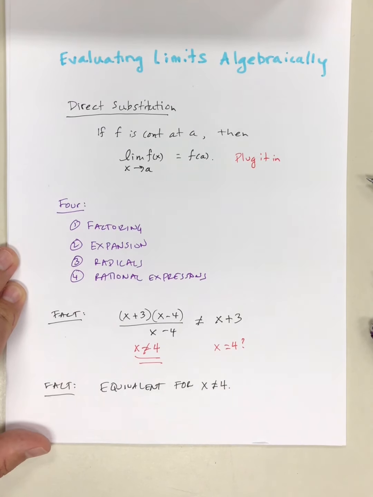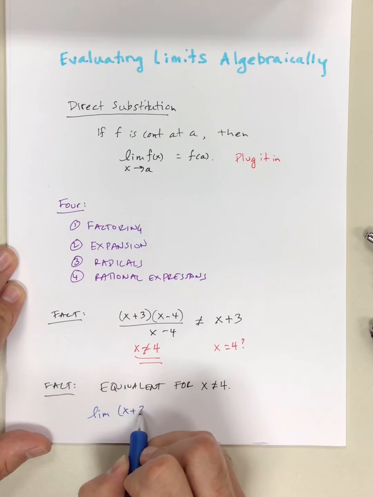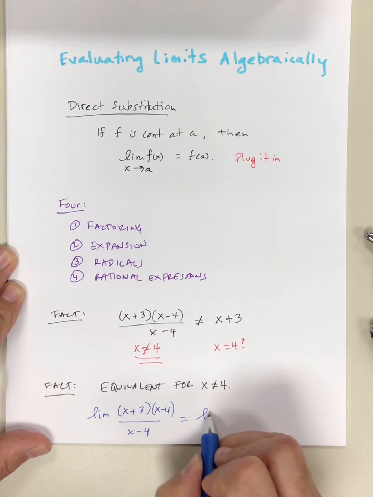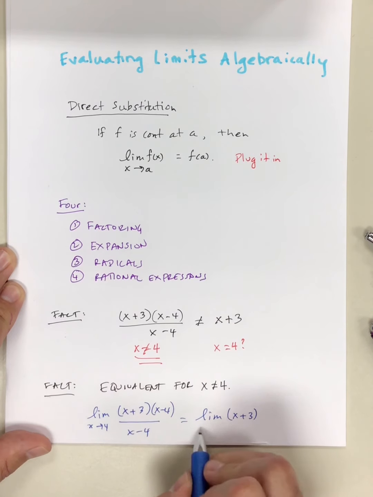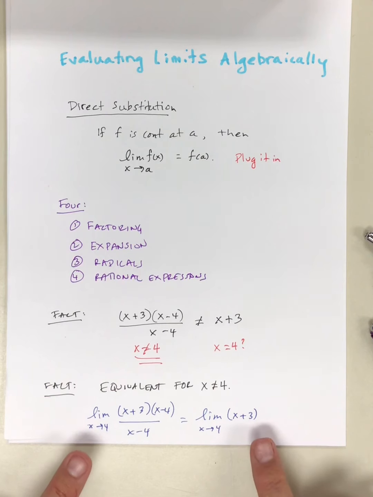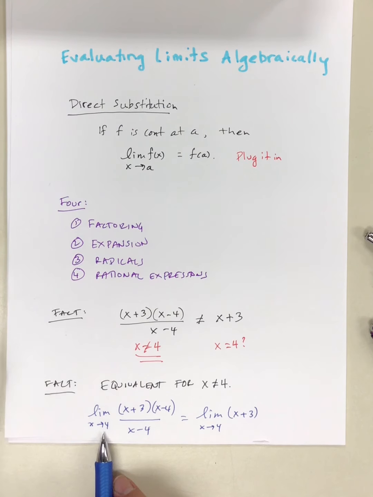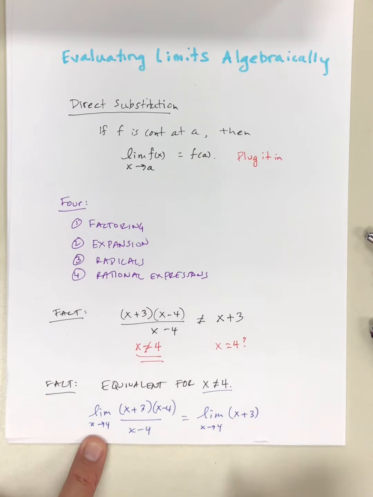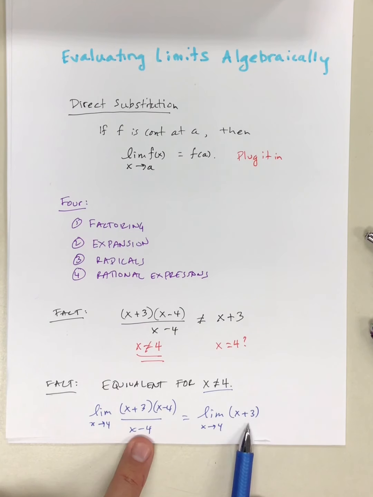And that means when we come to a limit context, the limit of the expression on the left equals the limit of the expression on the right, in both cases as x approaches 4. Because remember, our definition for limit says we're looking at values getting closer and closer to 4, but never actually reaching 4. And so just the very definition of limit is already giving us this condition that x will not equal 4. And so for all other values, these are equivalent expressions, and therefore their limits are the same.